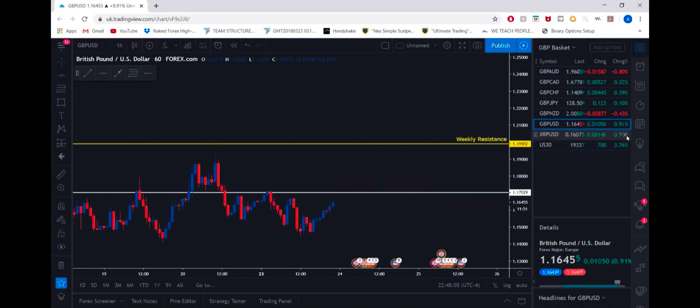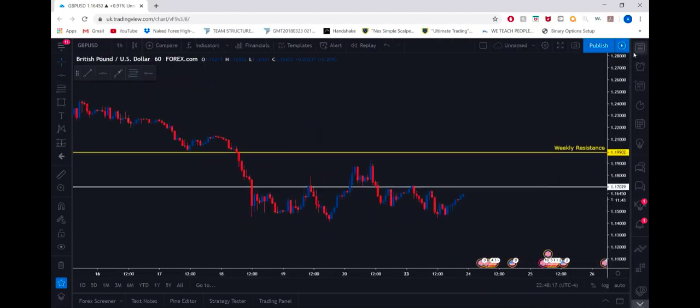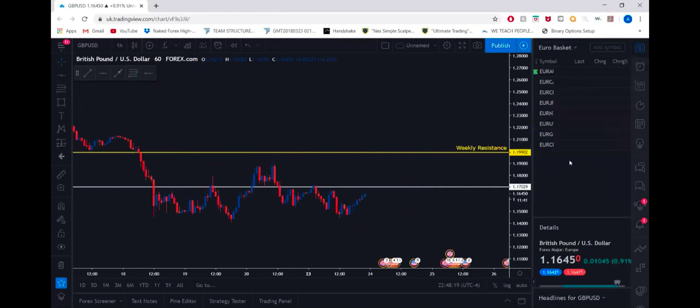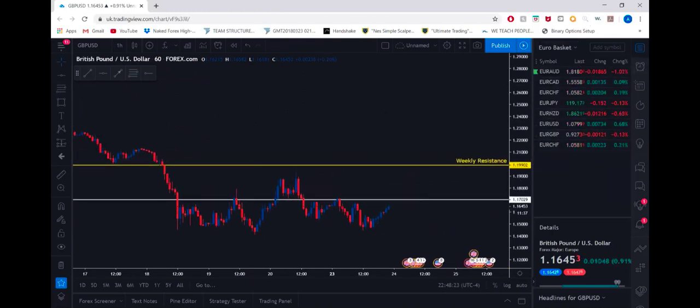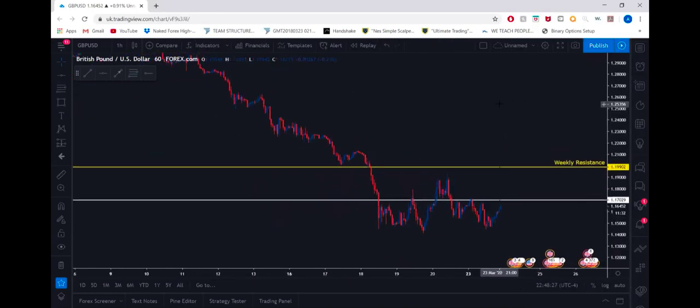So that will be the GBPs, mainly what I was looking at. I do have the Euro basket here. I haven't really gotten a chance to go through it yet the way I want to.